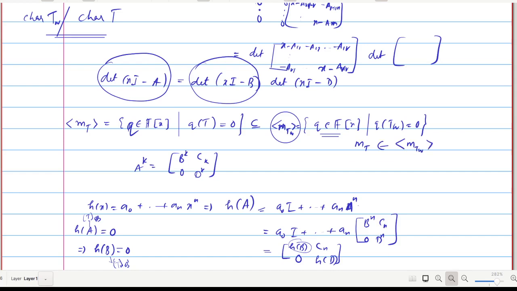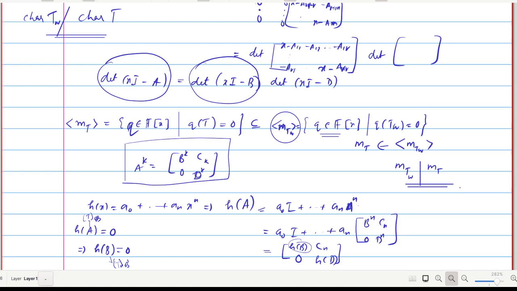And we know that every element of this set is a multiple of mtw, which shows that the minimal polynomial of tw divides the minimal polynomial for t. So this is the case of the minimal polynomial. Please note there is no proof for this in the textbook. It is discussed that a raised to k equals b raised to k, ck, 0, d raised to k.